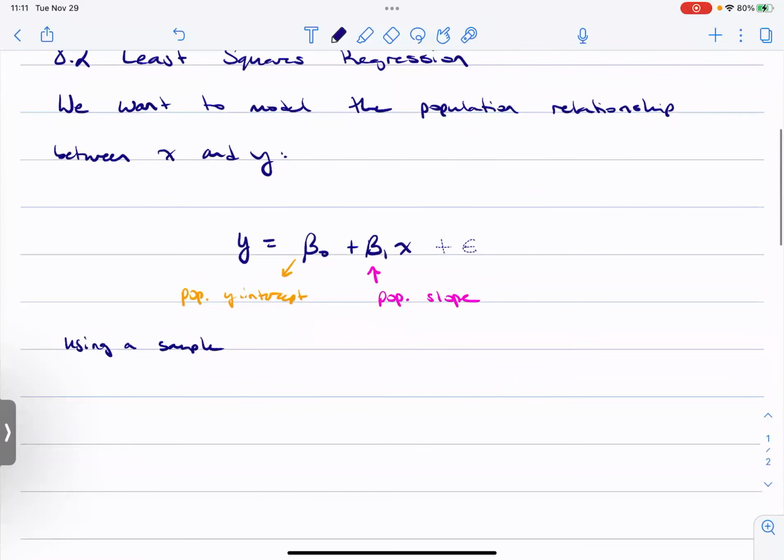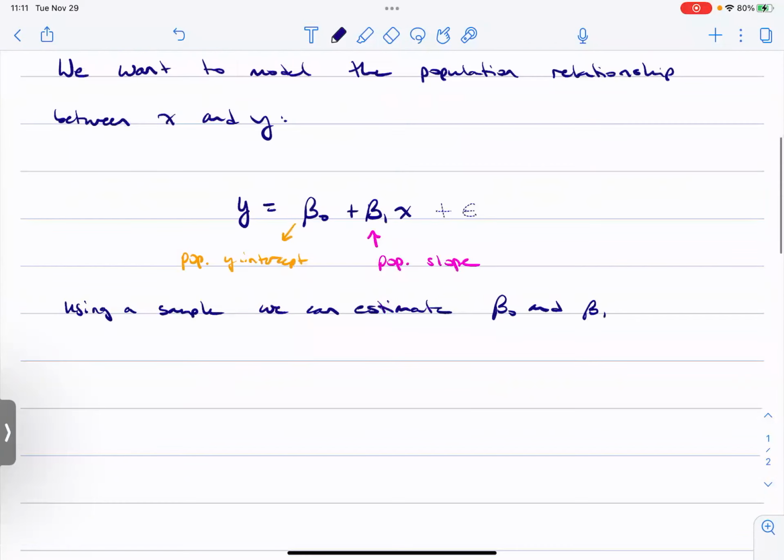So using a sample, we can estimate beta naught and beta 1. And for our estimates, we can get y hat. I'm kind of blanking on if there should be a hat on the population one.